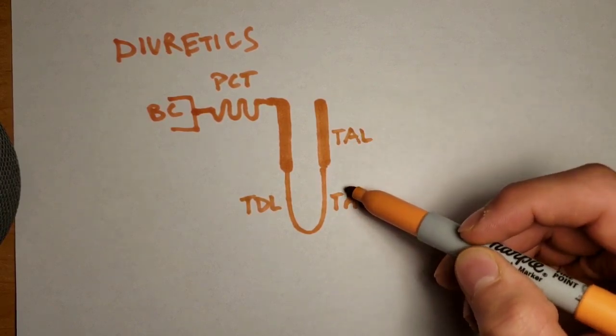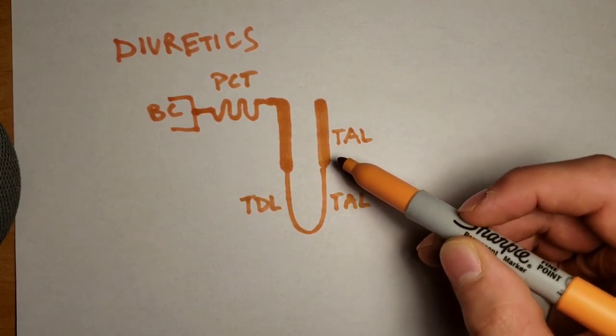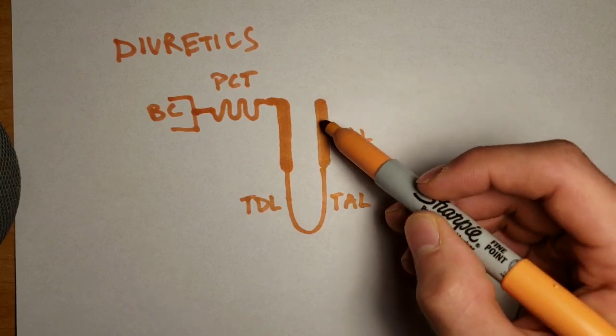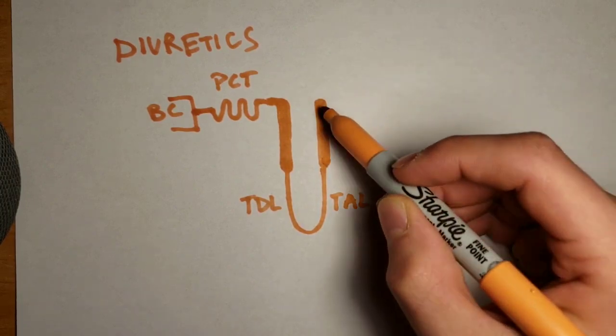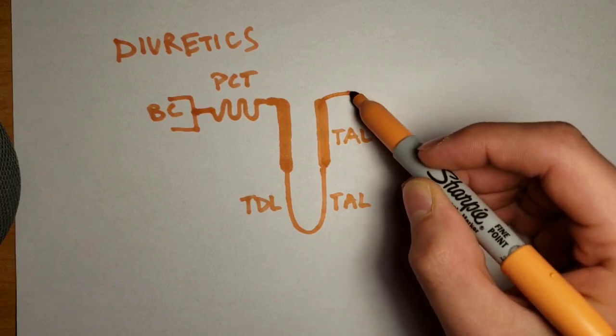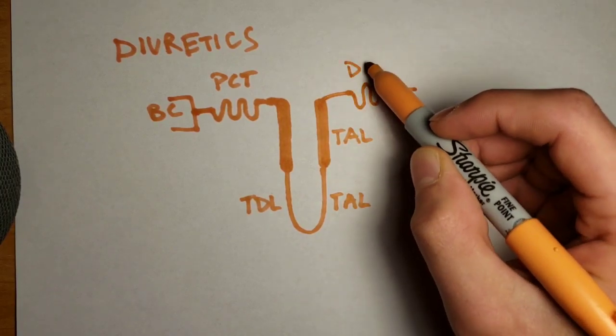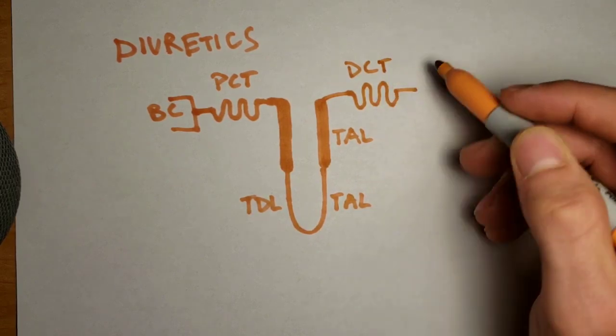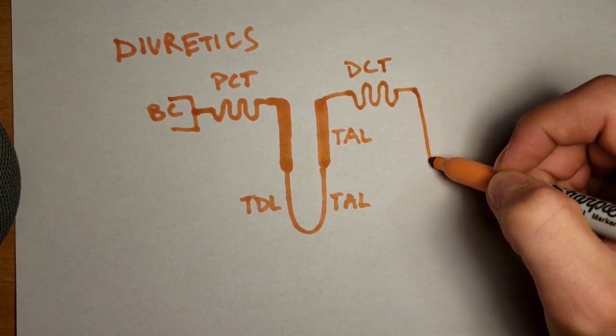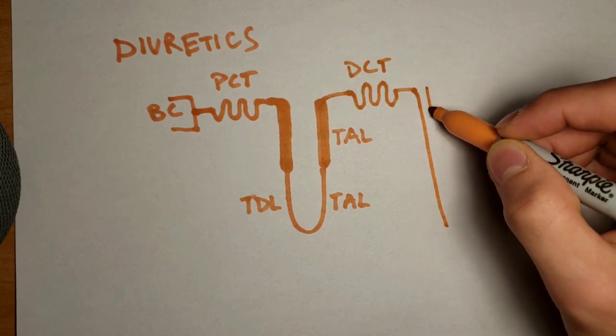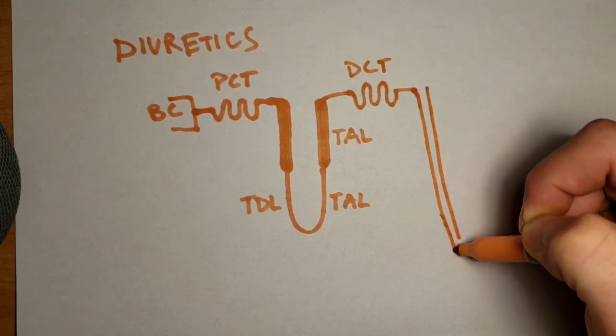These are both abbreviated by TAL, but if you draw the nephron correctly, you won't be confused because this part will be thicker. Then, because we have to be symmetrical, we're going to have a distal convoluted tubule right here, and then the forming urine will pass into the collecting duct.